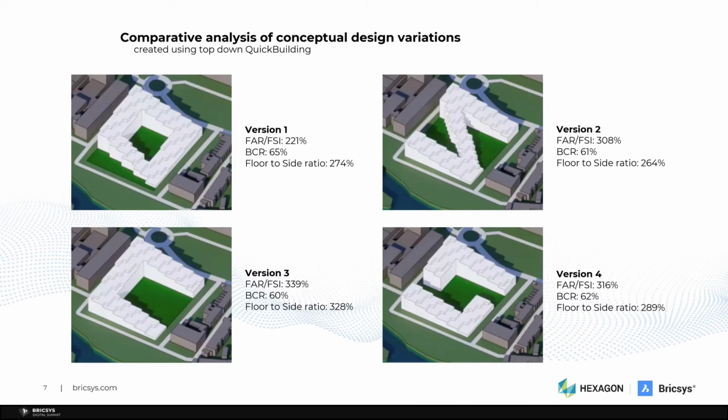Let me use this slide, which shows a different building in a different context, but shows you how these design variations can be put together side by side with their geometrical representation and their key metrics such as floor area ratio, floor space index, and building coverage ratio, as well as floor to side ratio. All this data can be harvested from the quick build BIM models, and this way we can have an informed decision which design variation to pick and carry further.